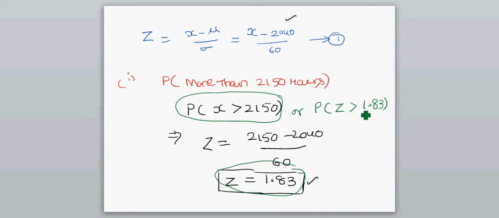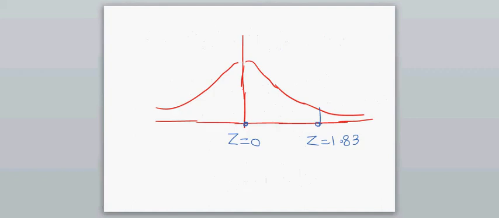Before that, let me draw the normal curve. So z equal to 0 is the central line, and because I have z equal to plus 1.83, I am taking z equal to 1.83 on the right side of z equal to 0. If we have minus 1.83, then you have to point z equal to minus 1.83 left of this line z equal to 0.